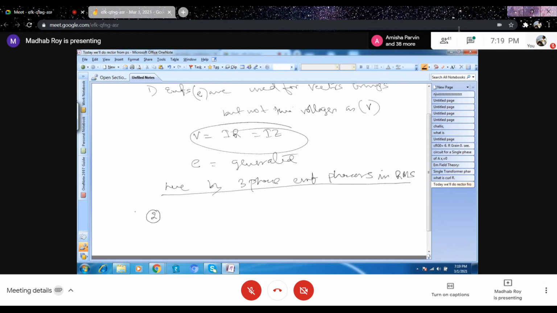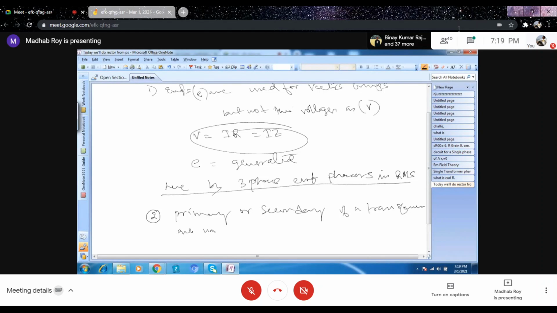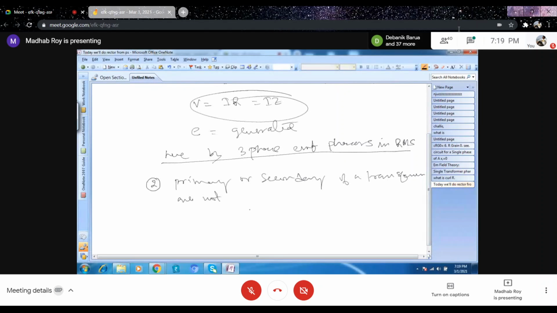Number two is that primary or secondary of a transformer are not considered.